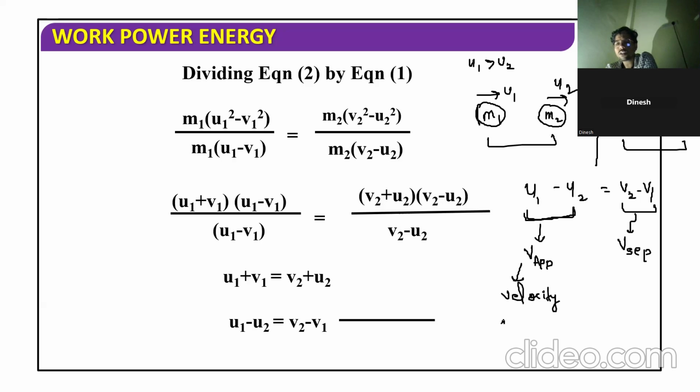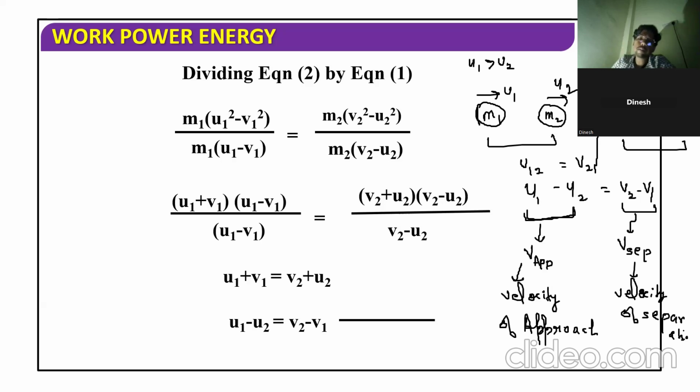They approach at the velocity u1 minus u2, and this is the velocity of separation. Actually, it is a relative velocity. You can write u12, and this is v21. 2 is going to separate from 1, but its velocity is more after that. This is very important.